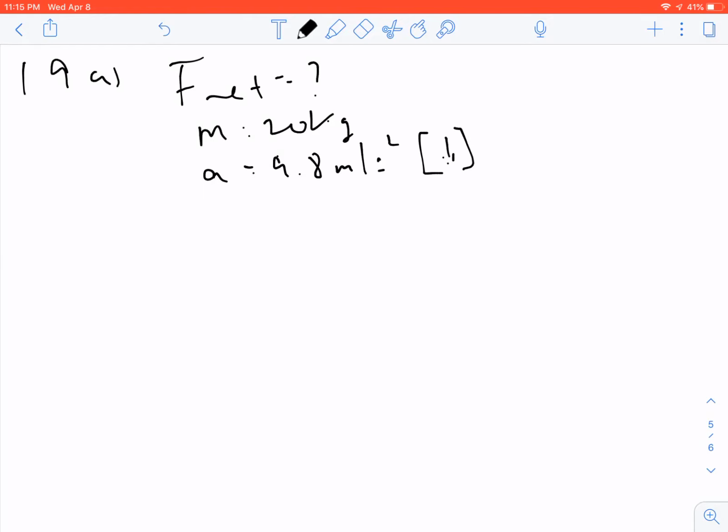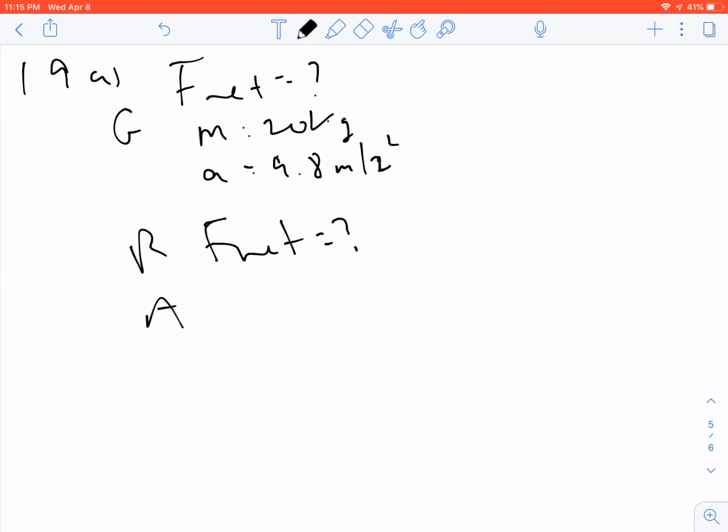Now, it doesn't say down actually. Let's get rid of the down, because it could be accelerating any direction. I would say almost for sure it's down, because of the fact that it's 9.8 meters per second squared. But we'll just say, okay, it's accelerating. So there's my given information. My required to find, I've already got that, is F net.